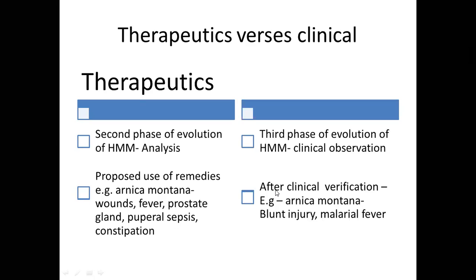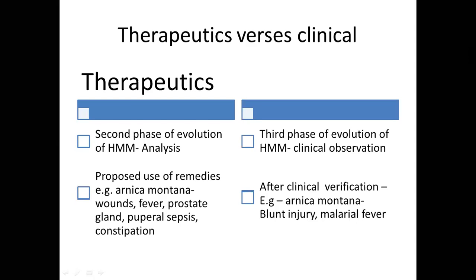But after clinical verification, it has been found that Arnica montana is more clinically verified for blunt injury and not only various fevers, but a specific type of fever, that is malarial fever. So this is how there is a difference between the therapeutic term and the clinical term.